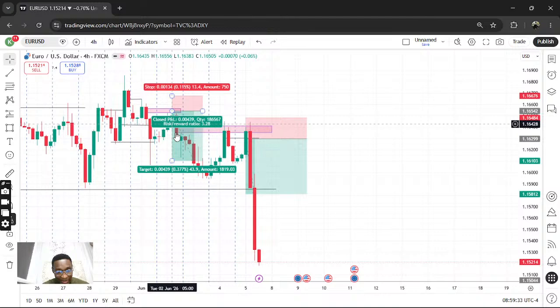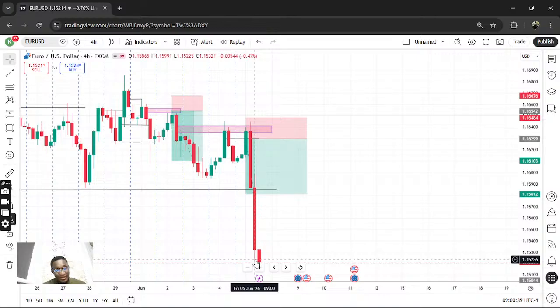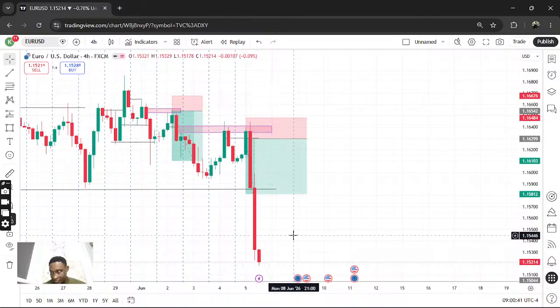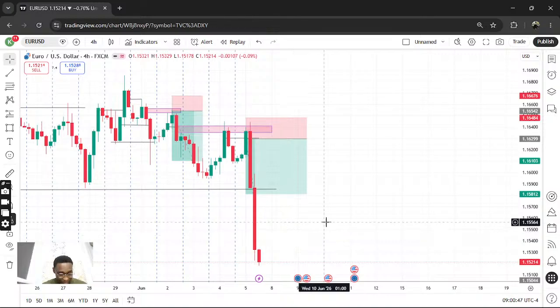But I'm going to show you exactly how you can take trade from hourly time frame. If you're a day trader, this is what you need to do. And this is what I do all the time. If you're a day trader, first thing you need to do is to confirm the direction of the market from daily time frame.